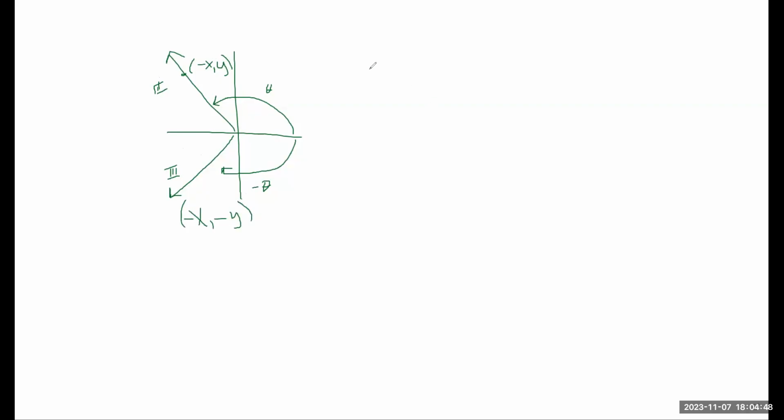So looking at the cosine of an angle going down, the cosine of an angle going down is exactly the same as the cosine going up. They're both negative x over r.